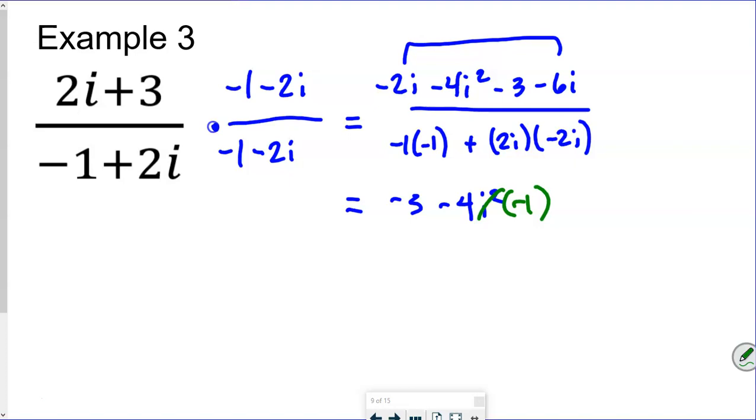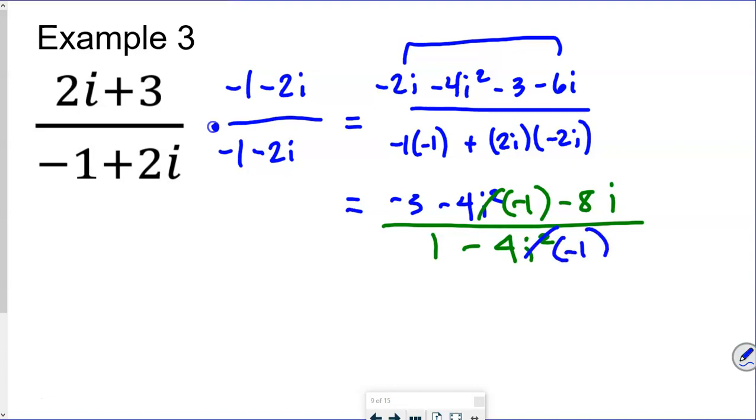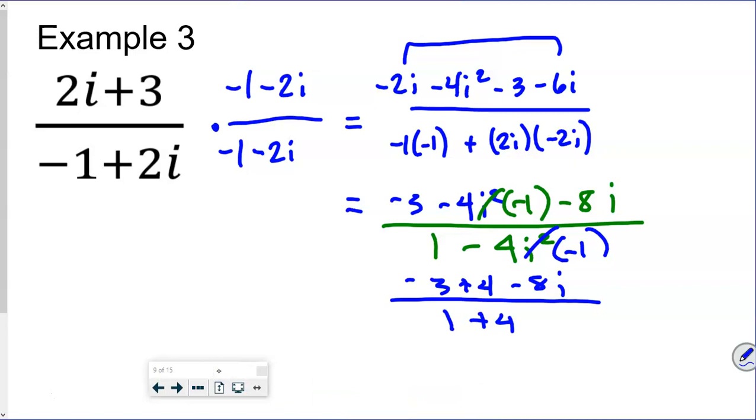And then we got the negative 2 and the negative 6, so that's going to be negative 8i. This is going to be 1 minus 4i squared. Once again, going to change that to a negative 1. So this is going to give us negative 3 plus 4 minus 8i over 1 plus 4. So our answer is going to be 1 minus 8i over 5.